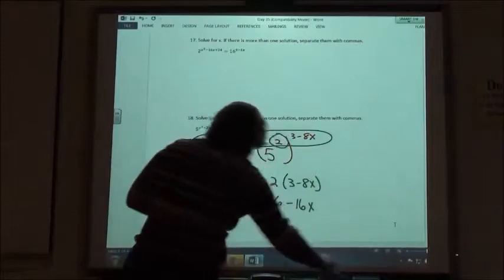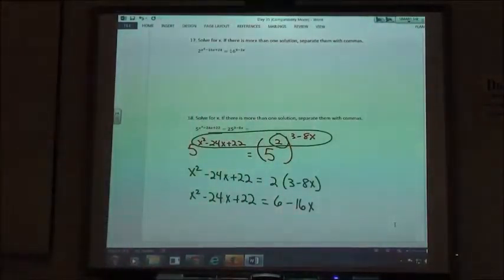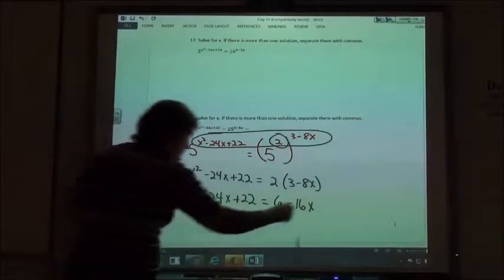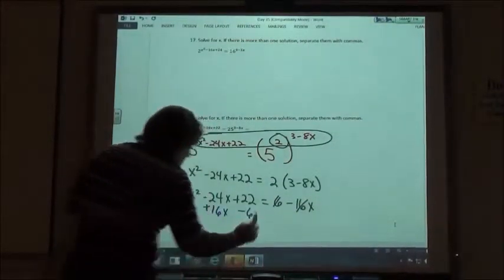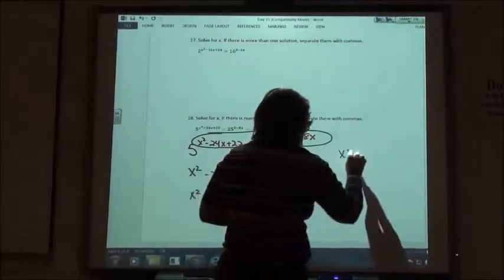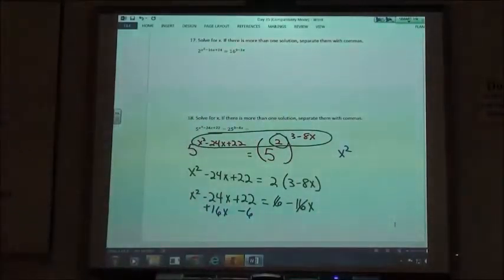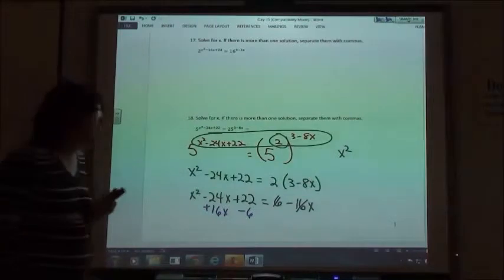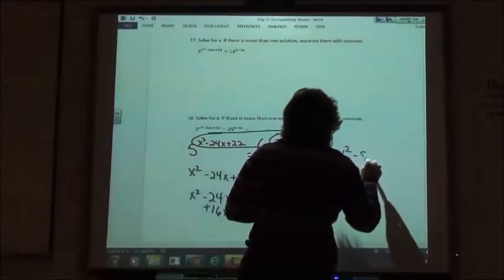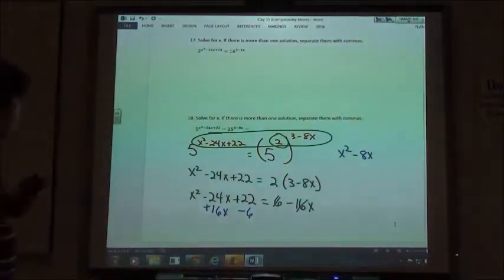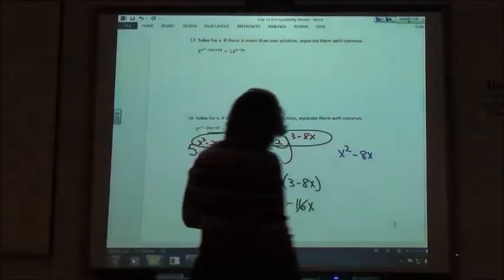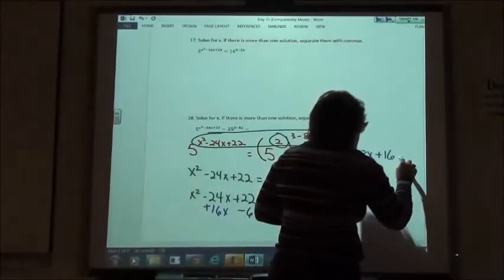Okay, and then what did we do? We're going to move the 16x to become a positive 16x. The 6 is going to be a negative 6. So negative 24 plus 16 is going to equal negative 8x, and 22 minus 6 is plus 16, equals 0.